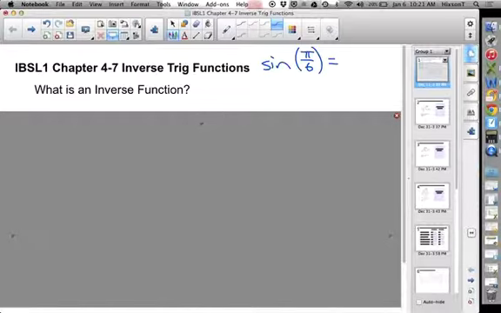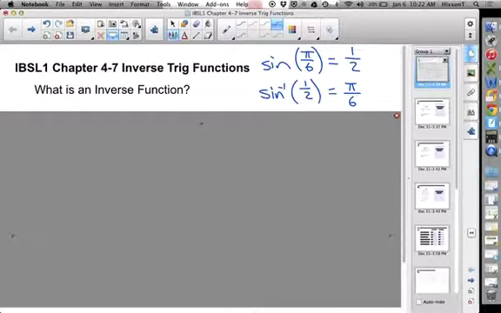It's one half, okay? So if I do the inverse sine of 1/2, it equals pi over 6. An inverse function will undo.